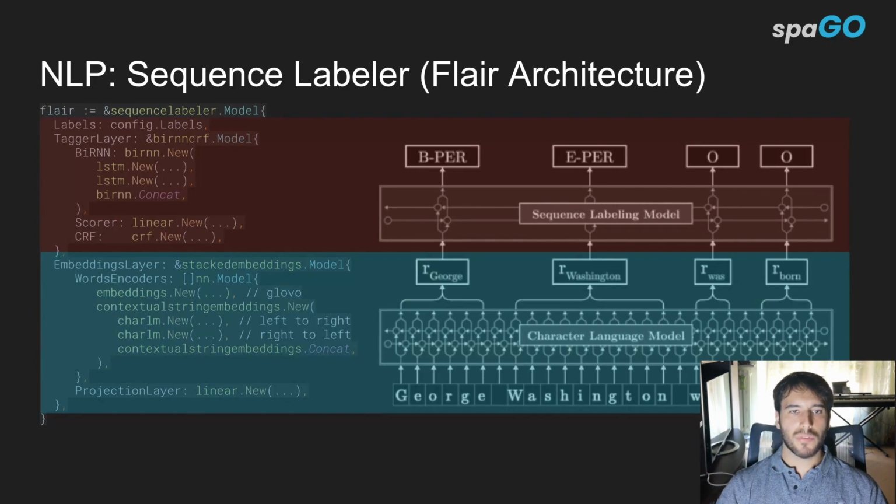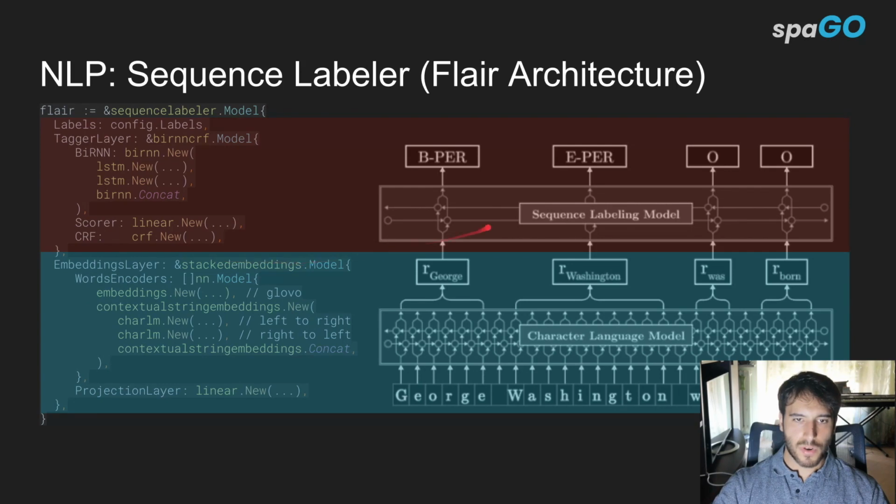This is an example for natural language processing, in particular for the Flair architecture by Zalando Research for sequence labeling. And you can actually see with these two colors how close the spaGO implementation is with the design, with the picture of the architecture in the original Flair paper.